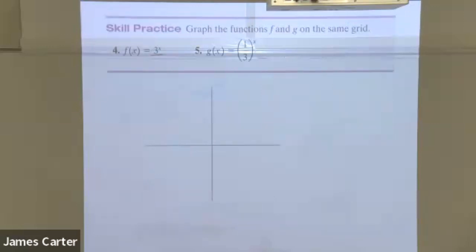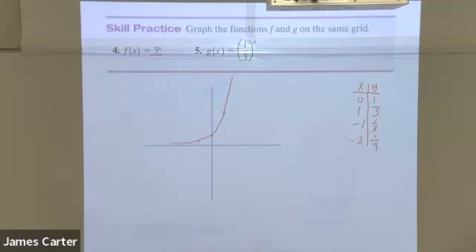Okay, what about these two? Remember, this is the same as 3 to the negative x. Here's the 3 to the x graph, and there's my XY table for it. This keeps getting closer and closer. Here's that point (0, 1) again, and here's (1, 3), and the next one would be (2, 9), and so on.